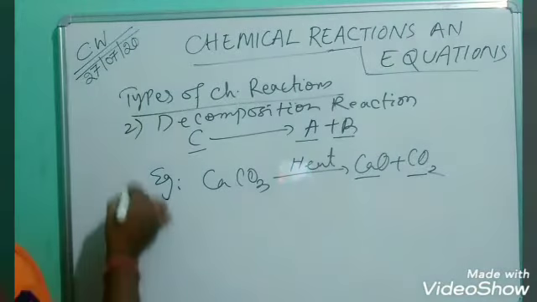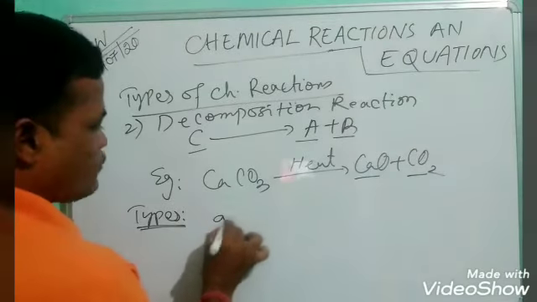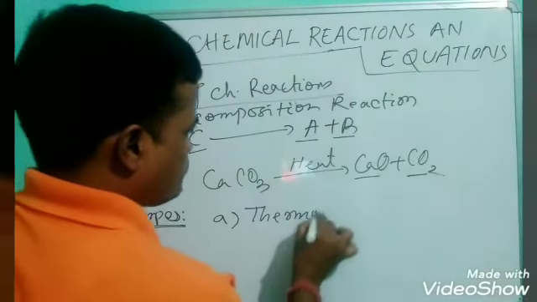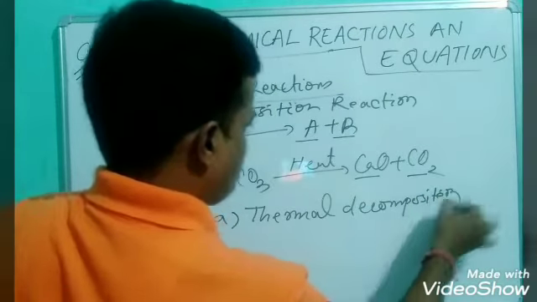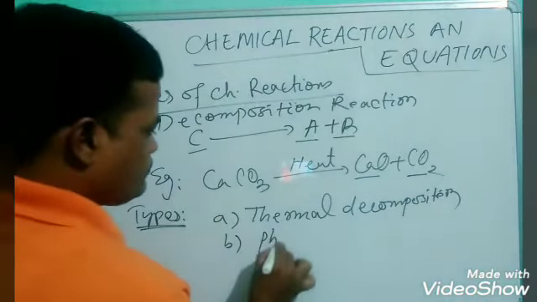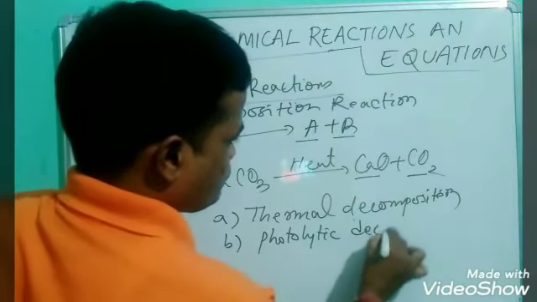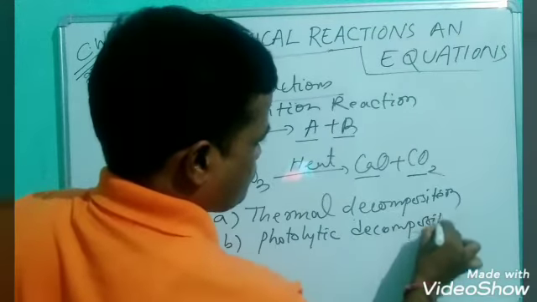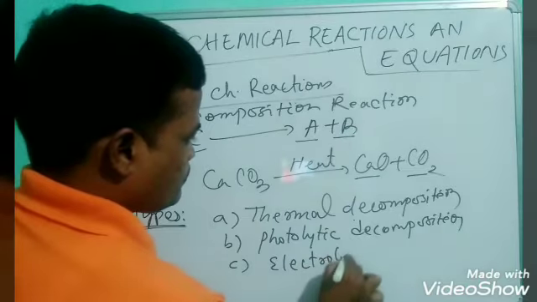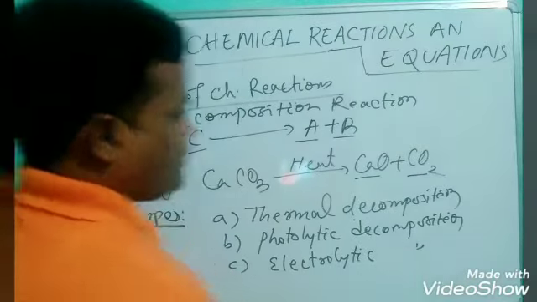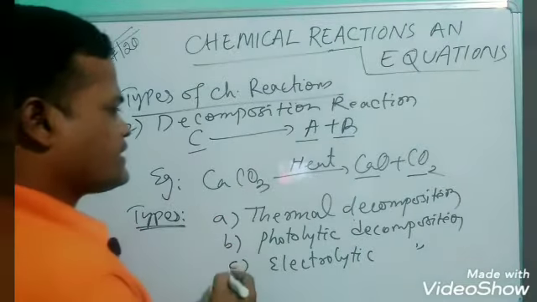Okay. So the types of decomposition reaction are thermal decomposition, photolytic decomposition, and electrolytic decomposition. So decomposition reaction is again categorized into three types on the basis of heat, light and electricity.